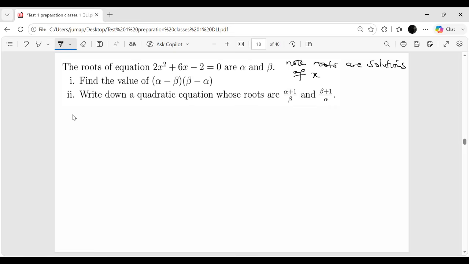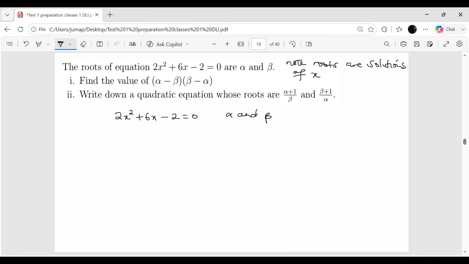But before we find the value of this expression, you need to note what they mean when they say alpha and beta, and what their uses are. So we have the quadratic equation 2x squared plus 6x minus 2 equals 0, and the roots are alpha and beta.